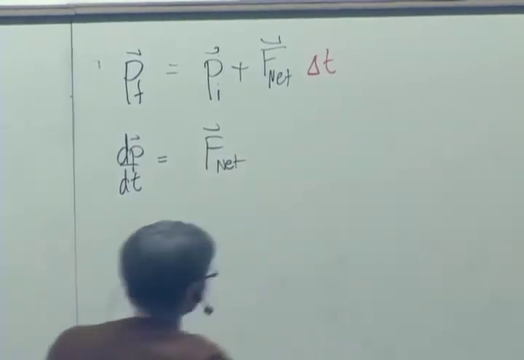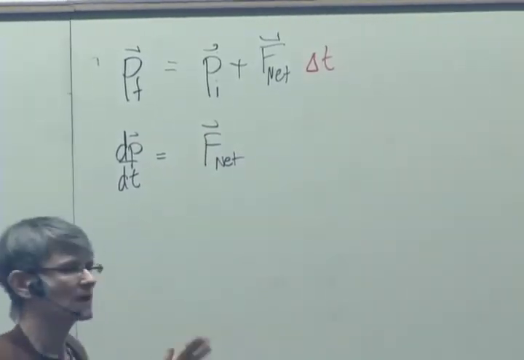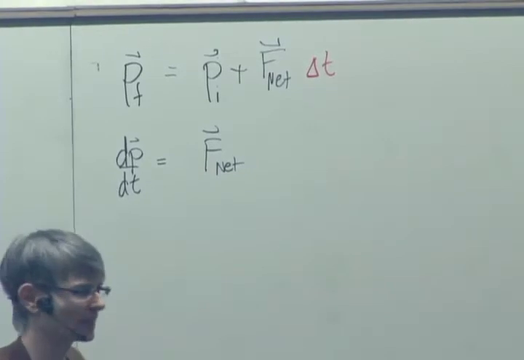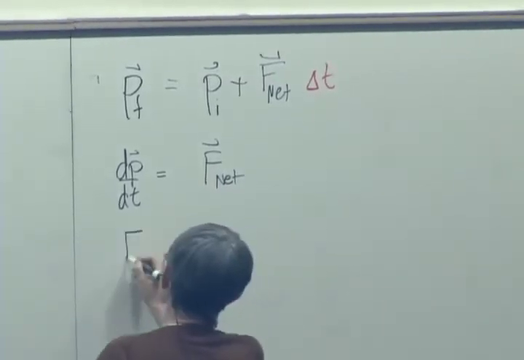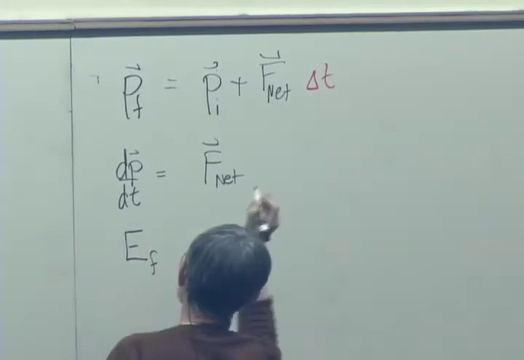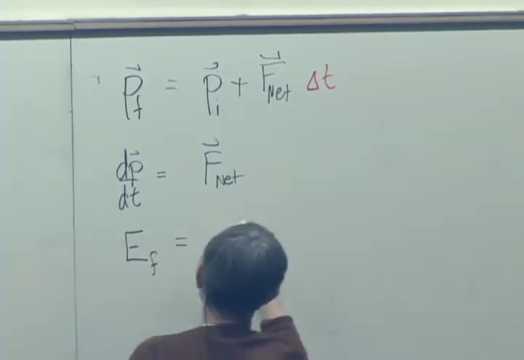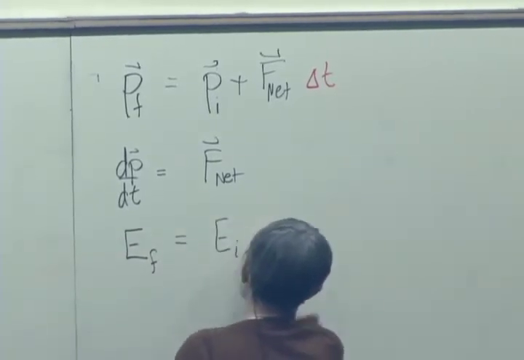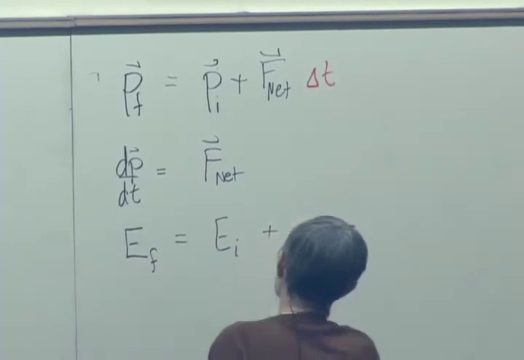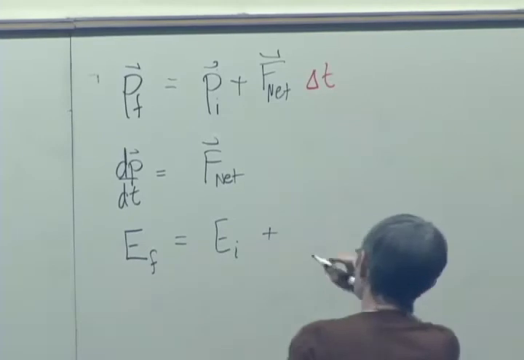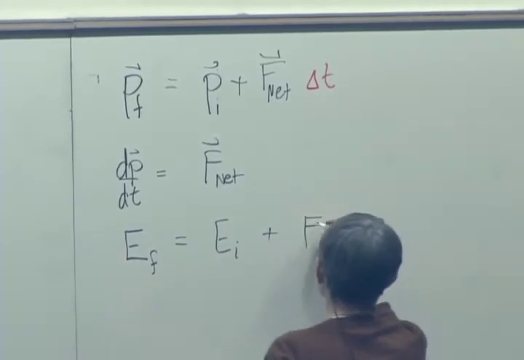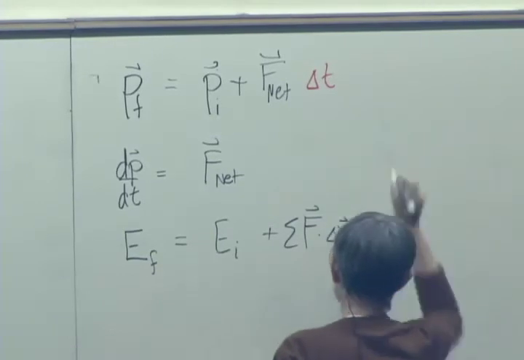equals F net. And we have the energy principle, at least the forms covered on the test, with work and energy. So we have a very similar update form. Final energy of a system is initial energy of a system plus work, which I'm going to write as the sum of all the F dot delta R's.